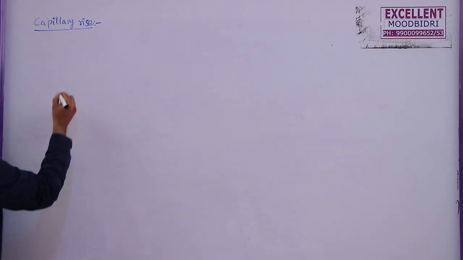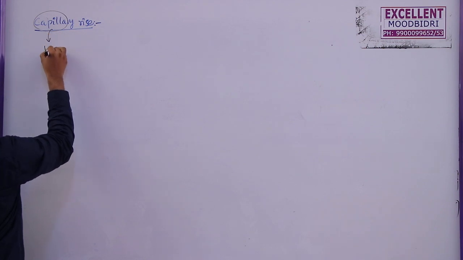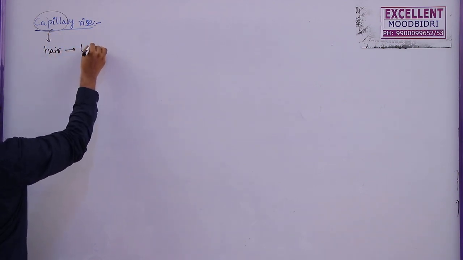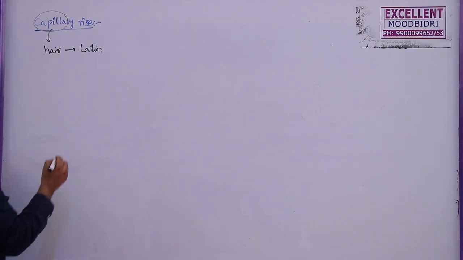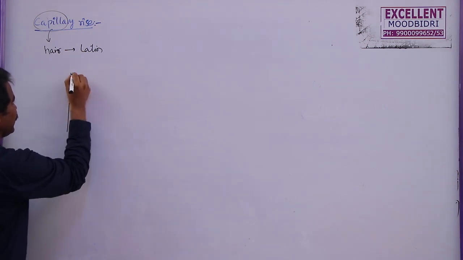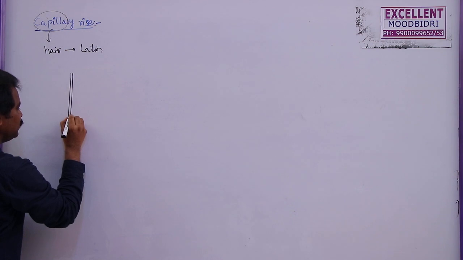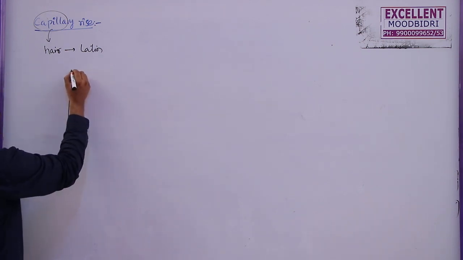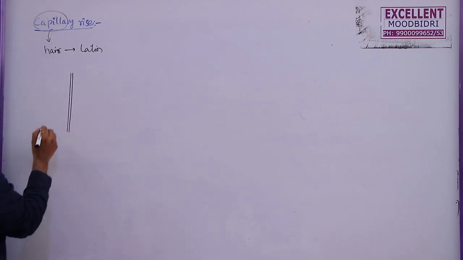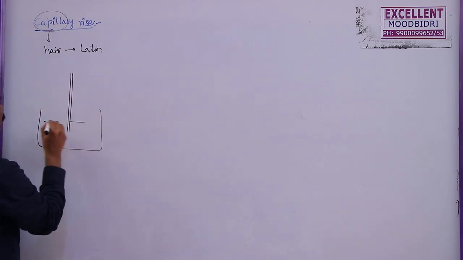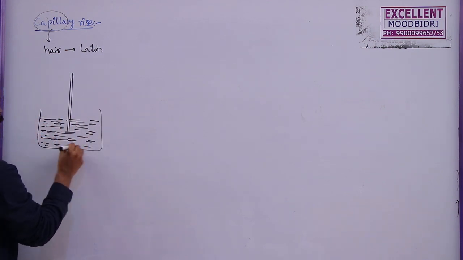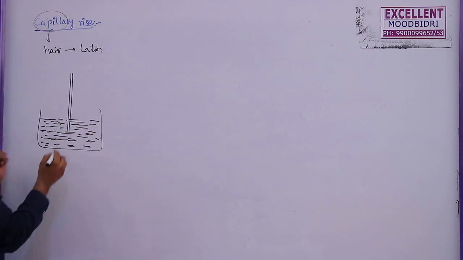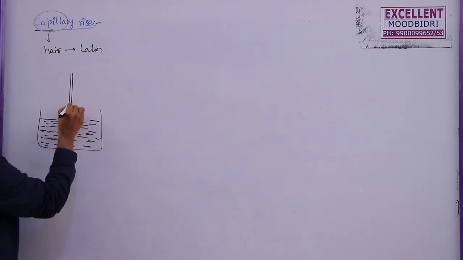Capillary rise. Capilla is nothing but hair in Latin language. If you take tubes which are just like hair, of thin thickness, so if you insert any such capillary tube, any tube whose length is too large compared to radius, so R is very small and the length is too high, and it is inserted in a liquid, as the upper surface has more energy, it is found that some liquid will enter into this tube.